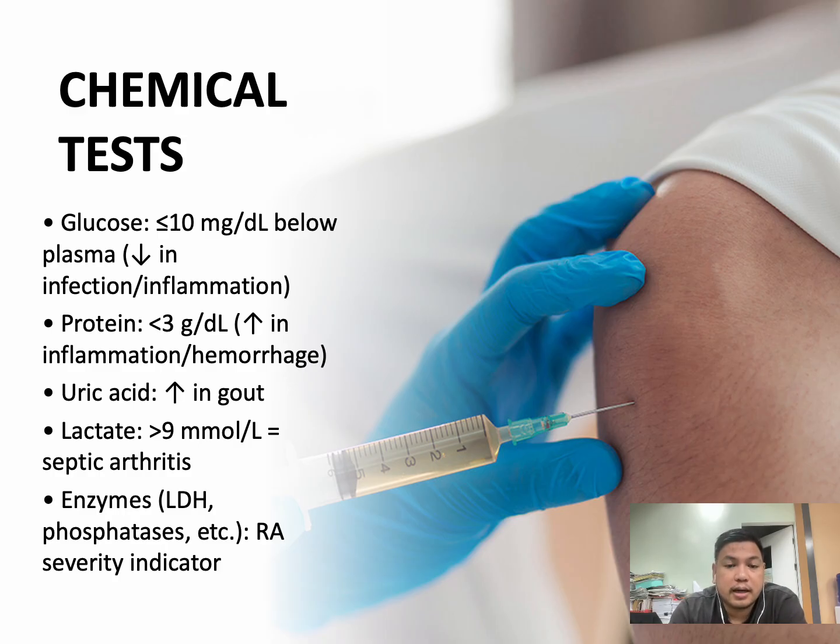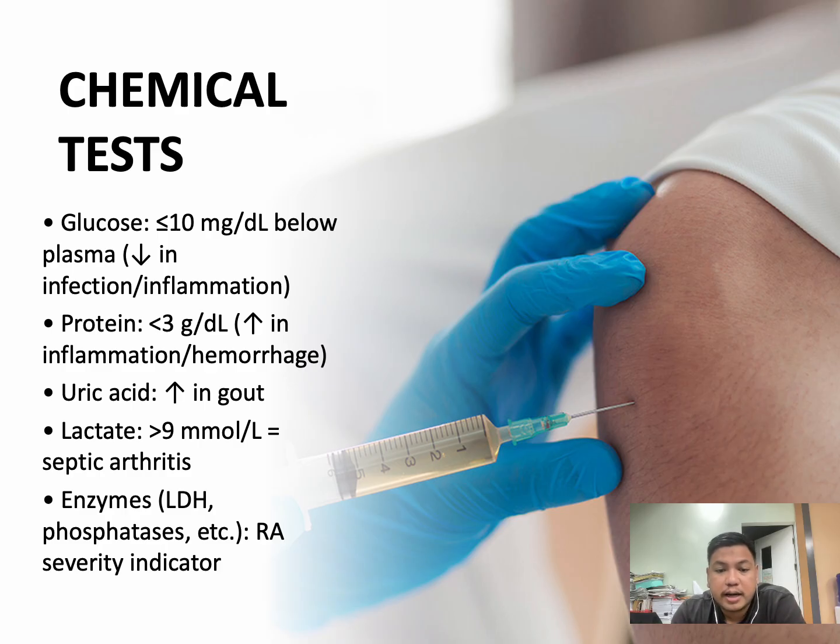The protein in our synovial fluid is less than 3 grams per deciliter, higher in patients with inflammation and hemorrhage. Uric acid is increased in patients with gout. Lactate is more than 9 millimoles per liter in patients with septic arthritis.